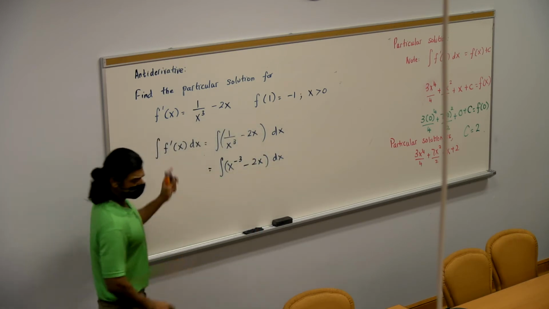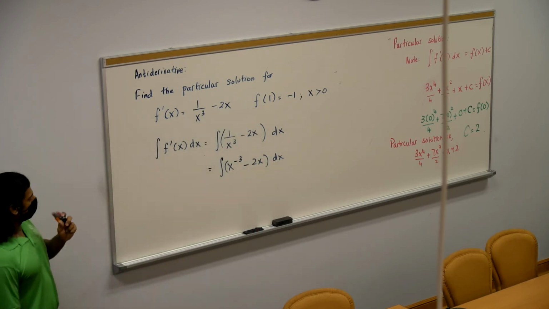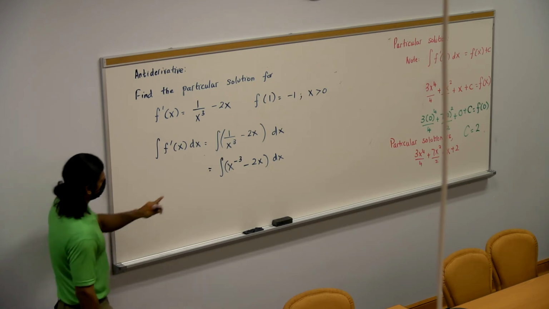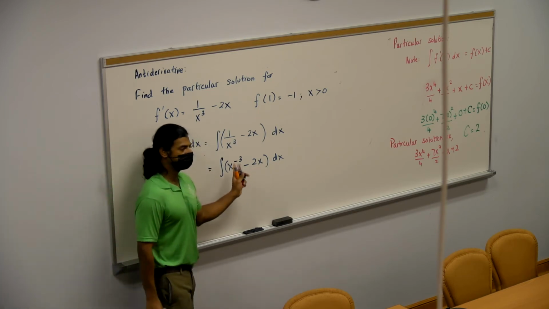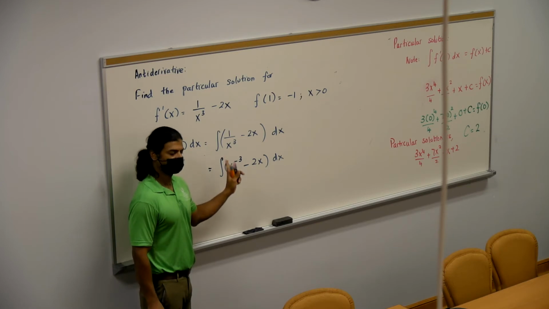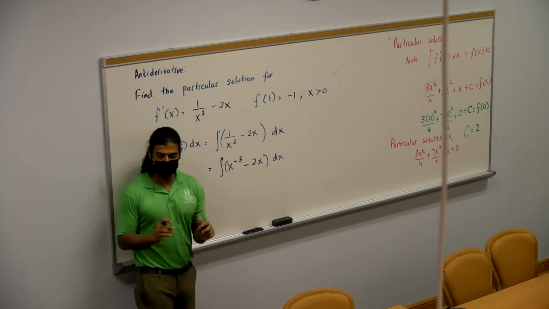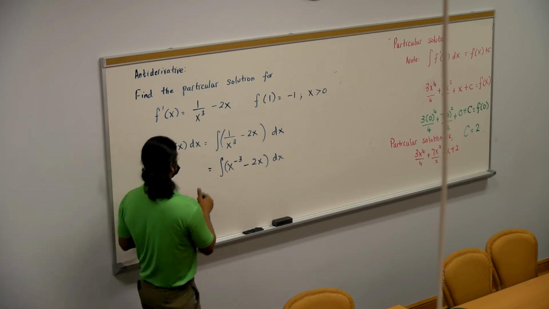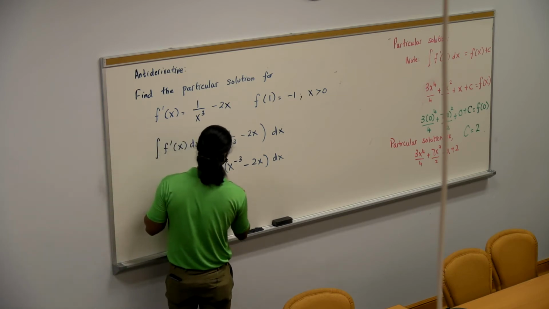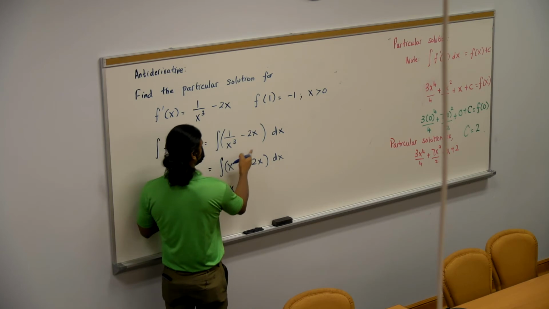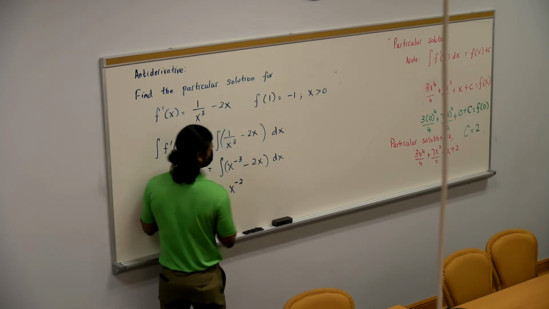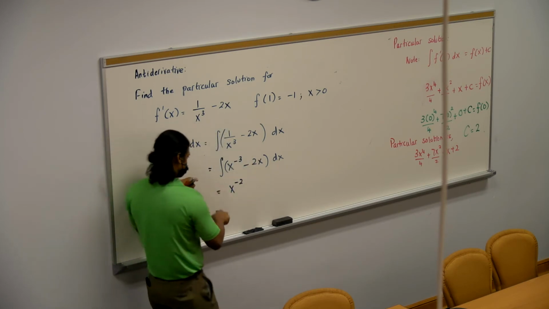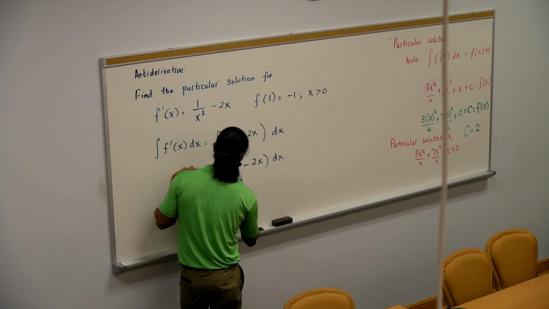And that resembles what we did in the previous problem. What is the power here? The power is -3. So when you integrate it, you add 1 and you divide by -3 plus 1. -3 plus 1 is -2. Divided by -2.